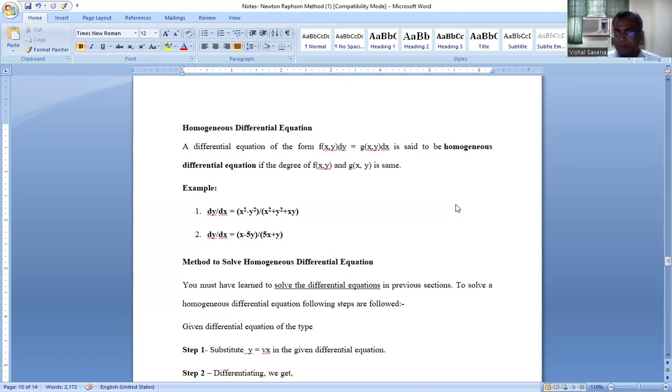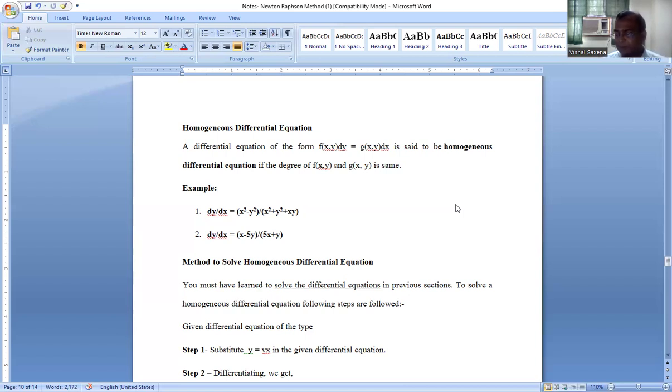In the right hand side, x square minus y square is a homogeneous term, and the denominator x square plus y square plus xy is again a homogeneous term. So the right hand side is a homogeneous function of degree 0, and therefore this differential equation is called a homogeneous differential equation.